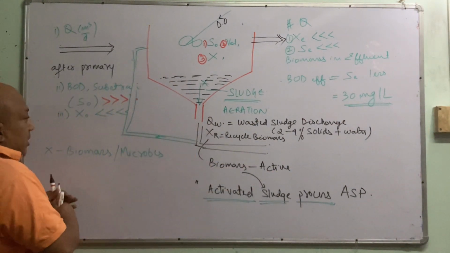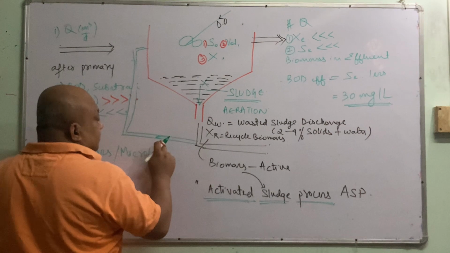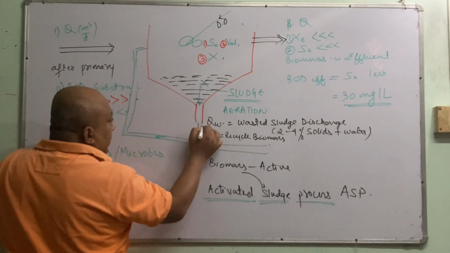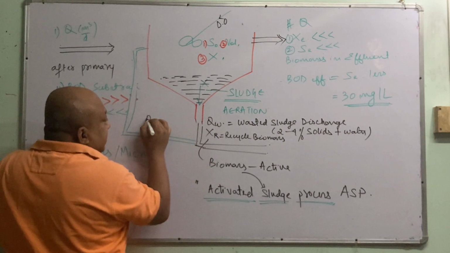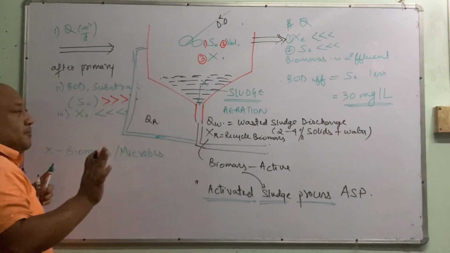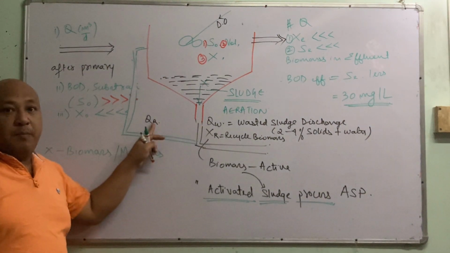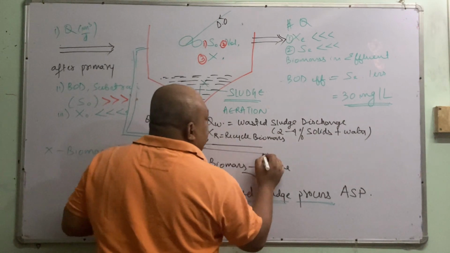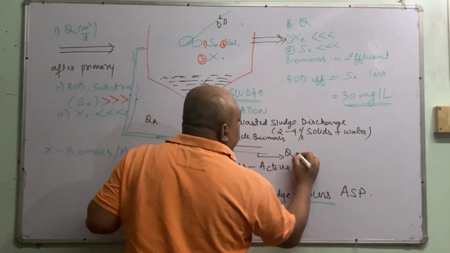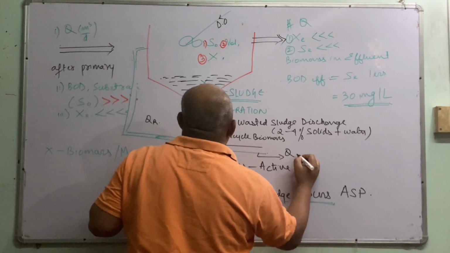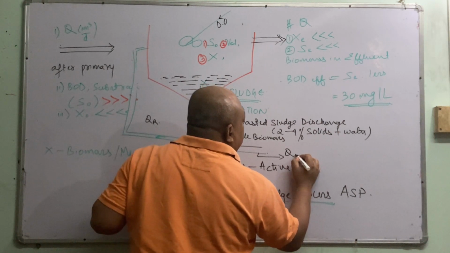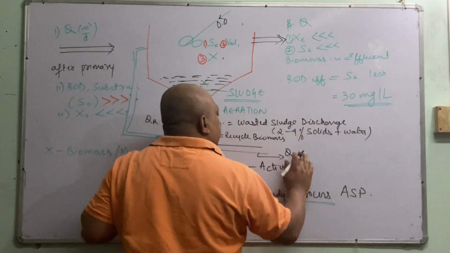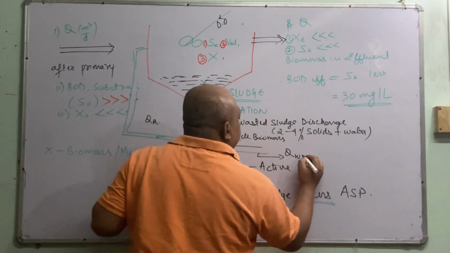Now you see over here, what about this one? So this one, I will say this Q is going to be split into here. So I'll say this is QR. Okay, this is QR. So this side, this may be Q. I will say QW, or Q wasted, QW.